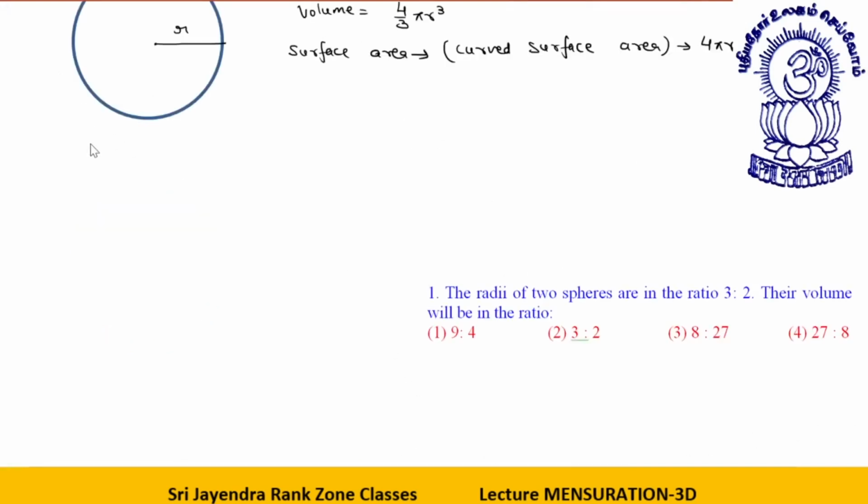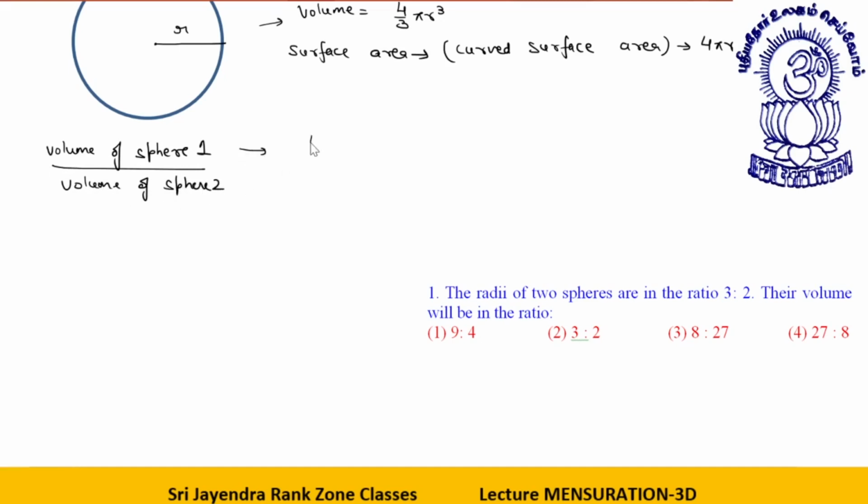Now, the first question we have is: the radii of two spheres are in the ratio 3 is to 2. Their volumes will be in the ratio? We know the volume of a sphere is 4 by 3 pi r cube. So we have volume of sphere 1 upon volume of sphere 2.